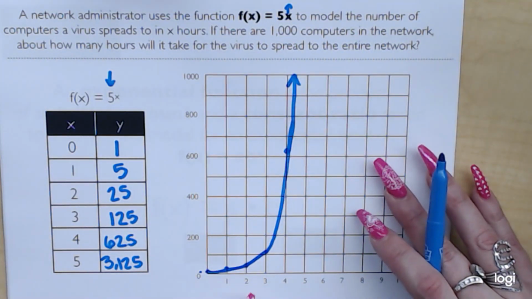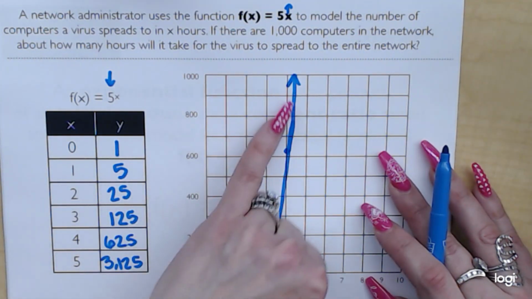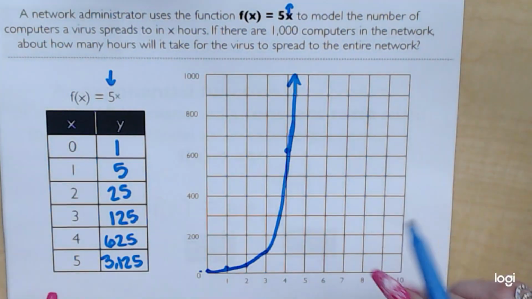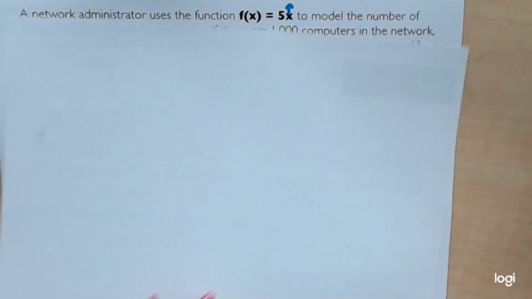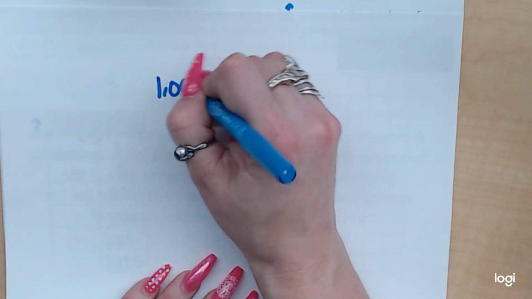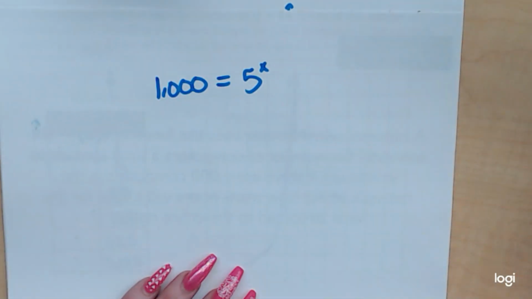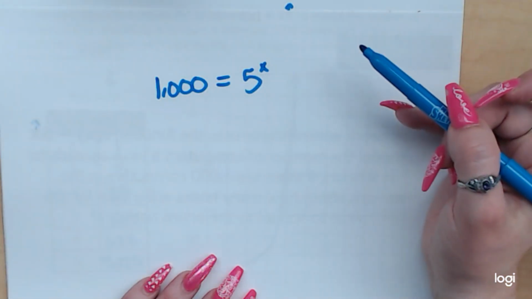Now, we don't want to necessarily guess this number here because we didn't have exactly 1,000 computers in our output. But if we know the output and we know the function, then we can figure this out.